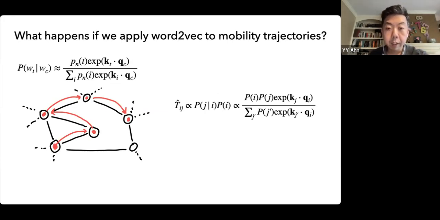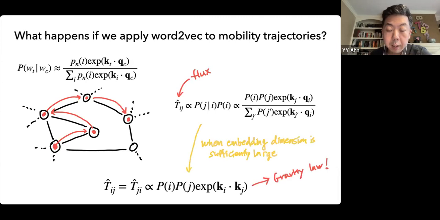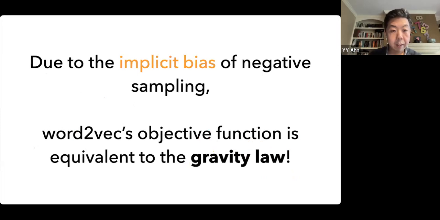With some assumption that the embedding dimension is large enough and so on, we get this formula, which is gravity law. So in other words, due to this interesting bias in negative sampling, the model produces embeddings that follow gravity law. That's why it works so well with the gravity law.